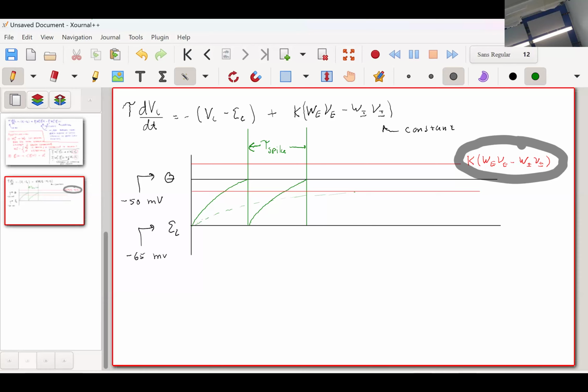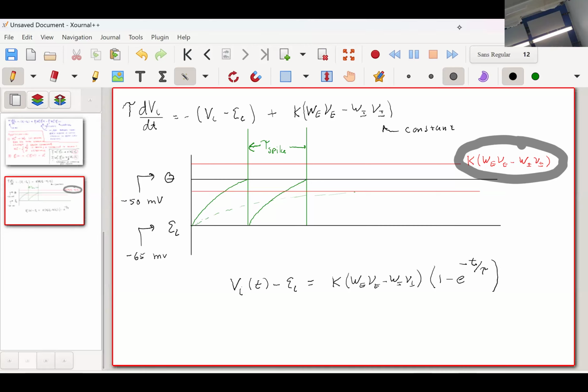And that is that VI of t minus E leak, so this is a solution when the neuron doesn't spike, equals K times W_E nu_E minus W_I nu_I, times 1 minus e to the minus t over tau.